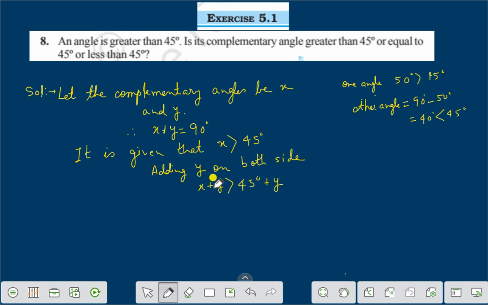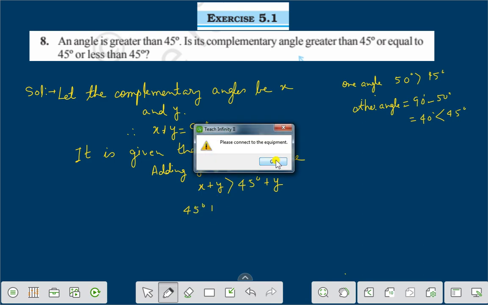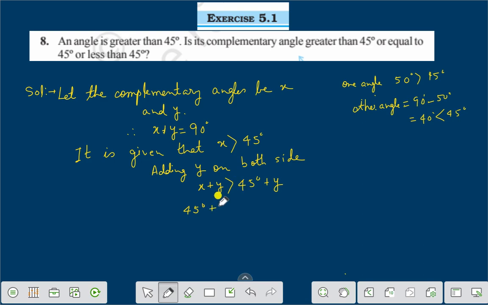Therefore, here x plus y is 90 degrees, or you can say in another way that 45 degrees plus y is less than x plus y, or x plus y is 90 degrees.